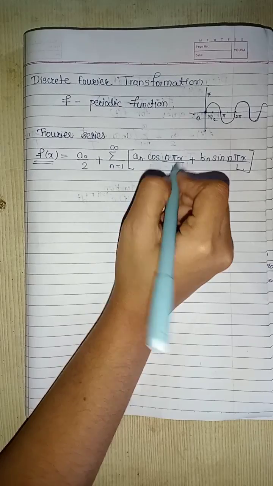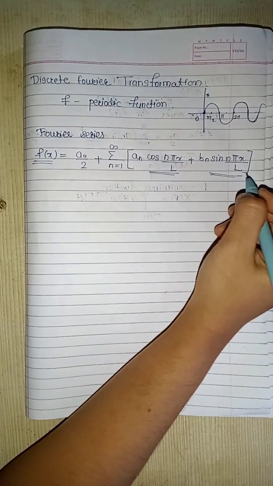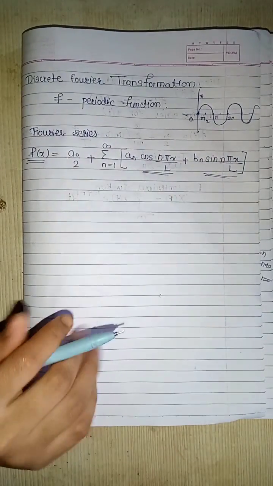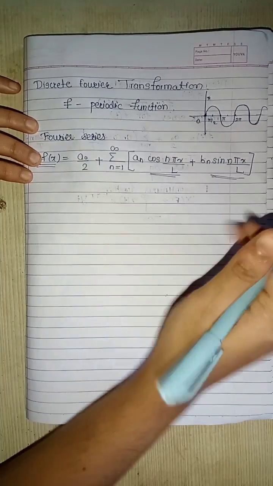It is represented in the form of cosine and sine functions, and this gives you an infinite series. So this is the Fourier series formula.